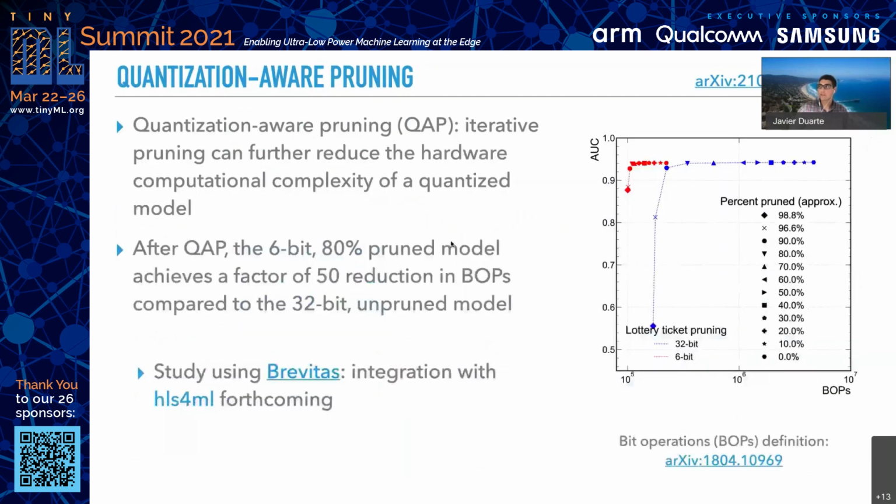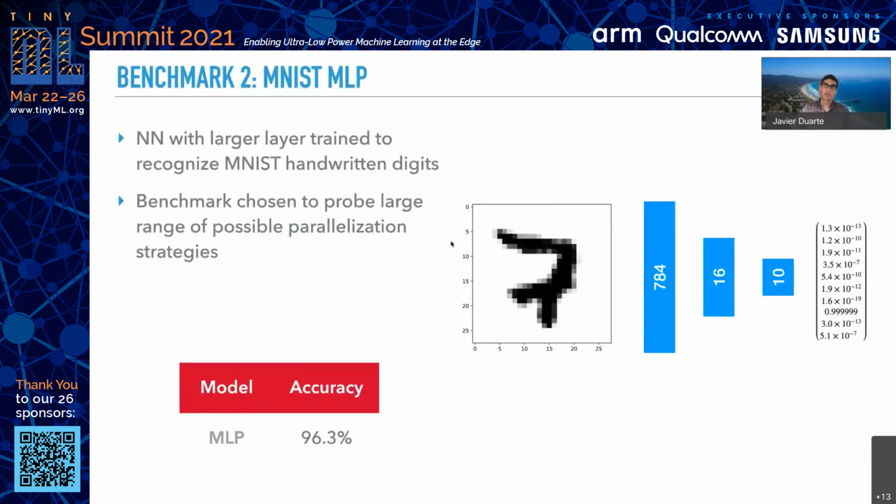The configuration step lets you make choices about whether you want to go for lower resources or lower latency. And that can be automated as well. We have created some scripts around that to automate it. So there are definitely ways to do search on the hardware side as well as on the model side.